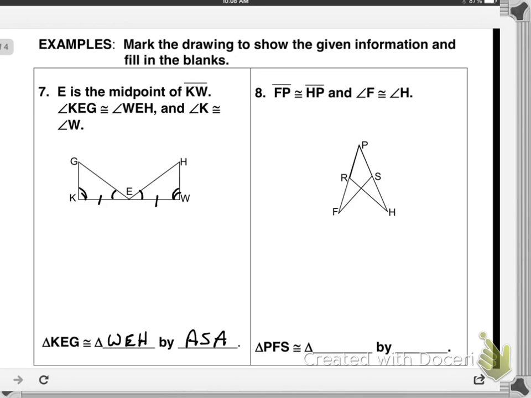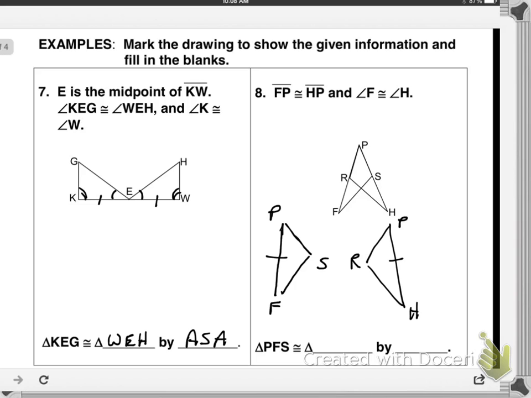So it might help if we drew these triangles separately. We have triangle FPS, and then we also have triangle RHP. Sometimes it helps to take this figure and break it apart into the two triangles. It's easier to mark it. So FP and HP are congruent.